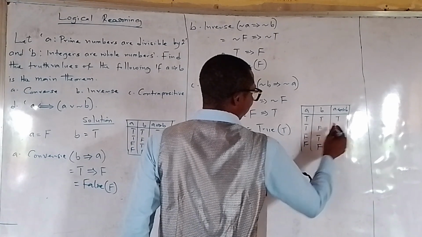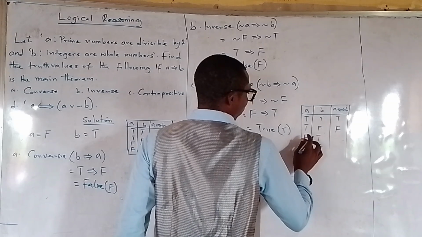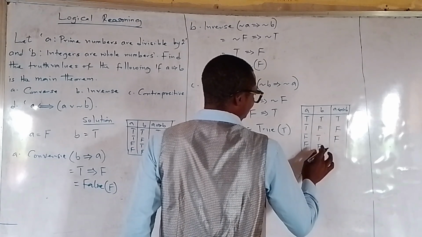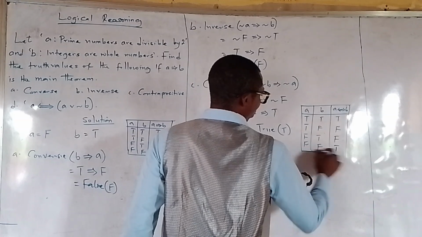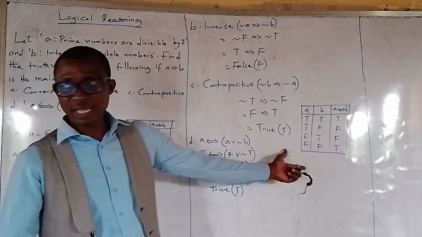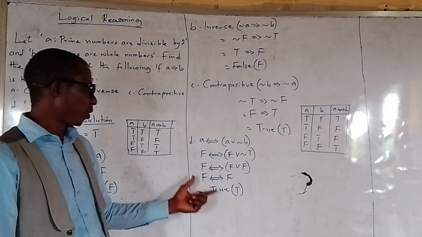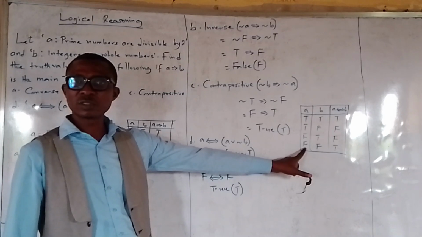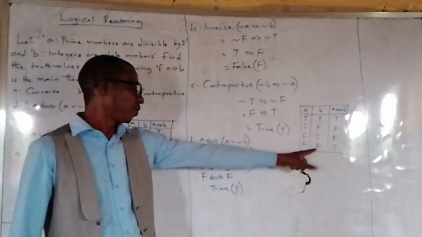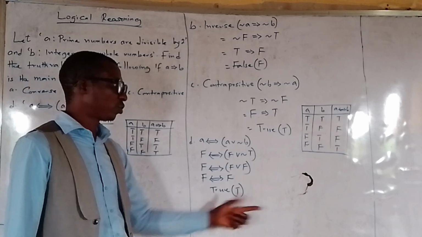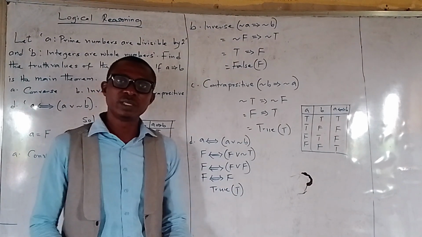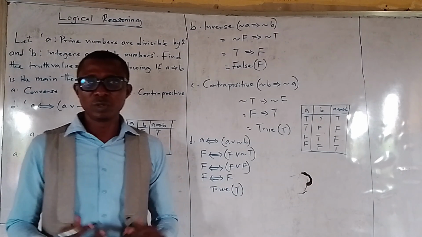True biconditional false, that's false. False biconditional true is false. False biconditional false, that is true. So you take time and master this. This is going to help in solving this. So you can see now, false biconditional false, the result is true. And that is what we have here. So I want to believe that you have gained one or two things.